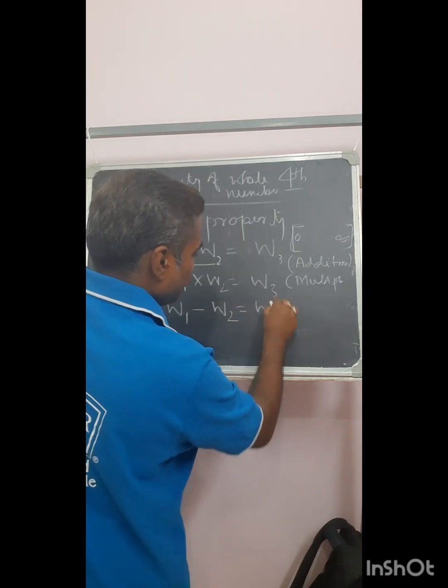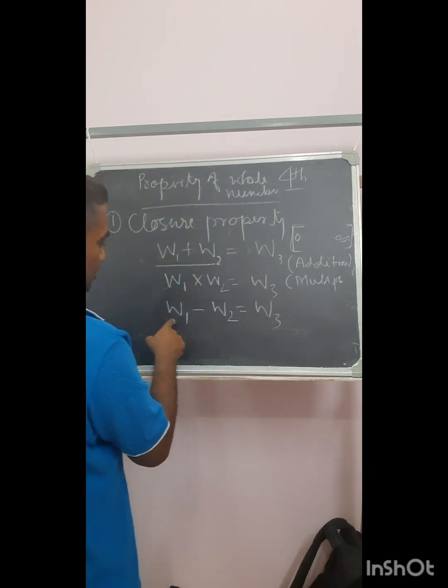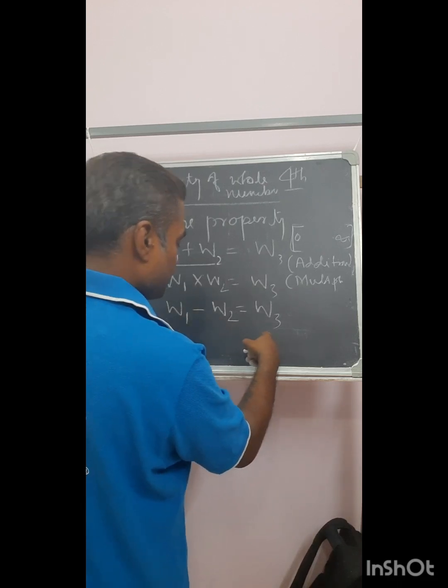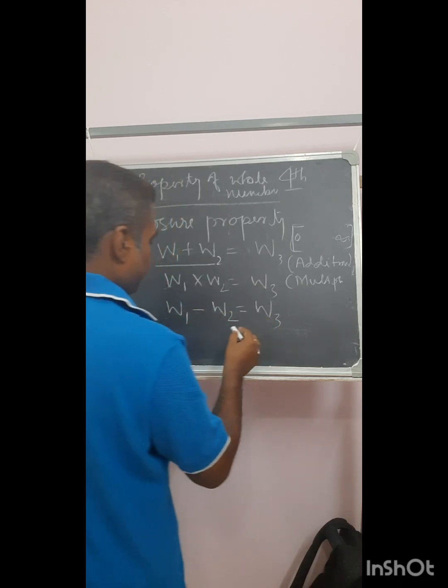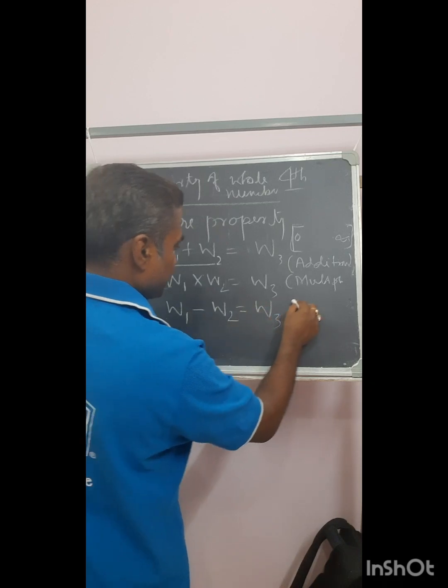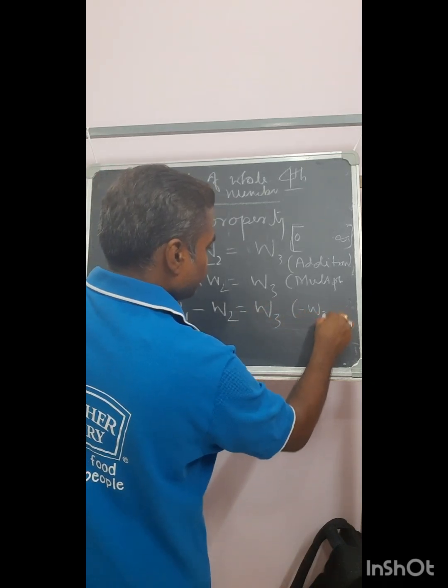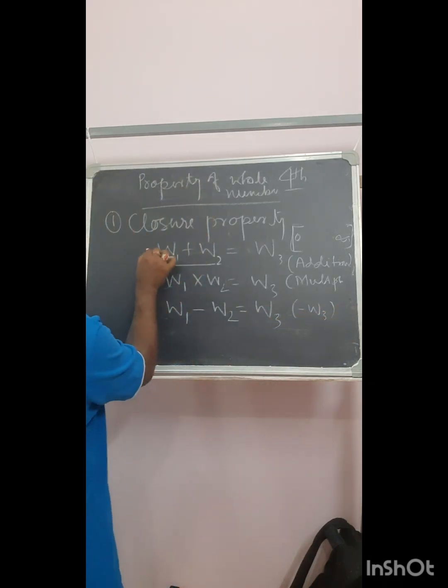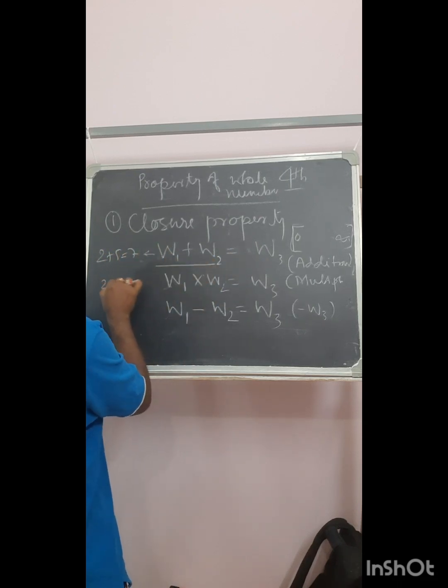Let's see if it is true for subtraction or not. If I say W1 minus W2 equals W3, it is possible, but the result may come out negative instead of positive. If I take an example, 2 plus 5 is equal to 7, and 2 into 5 is equal to 10, also good.